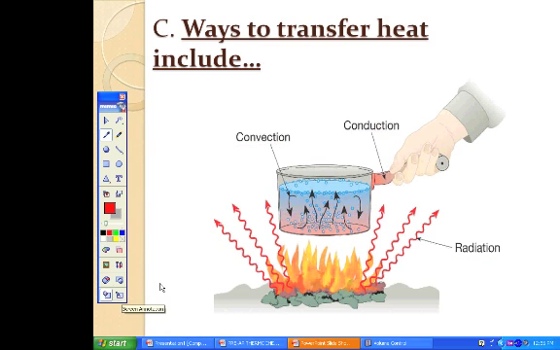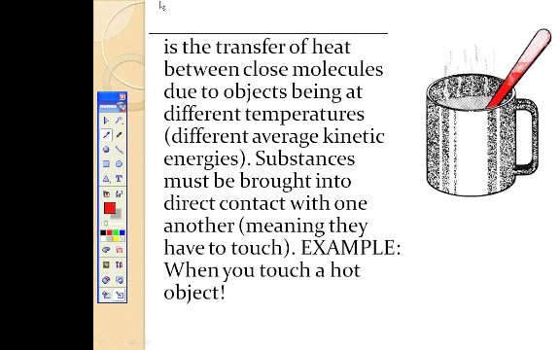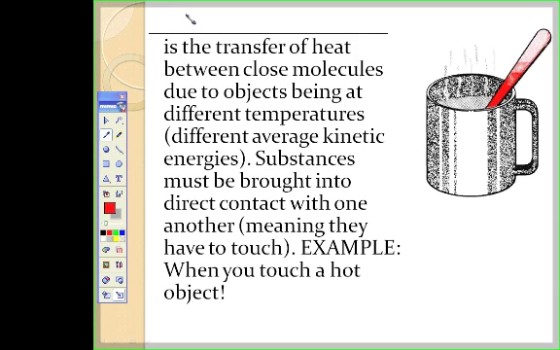Let's start with conduction. Conduction happens when we have molecules or items in very close proximity, and when that happens, we get direct transfer of heat via conduction. The objects have to be at different temperatures in order for that transfer to occur, and the substances have to be in direct contact with one another, as we might have with the hot spoon and the liquid or the hot cup.